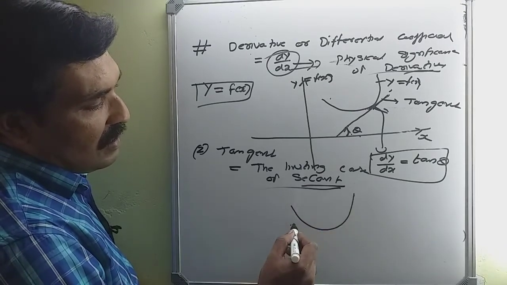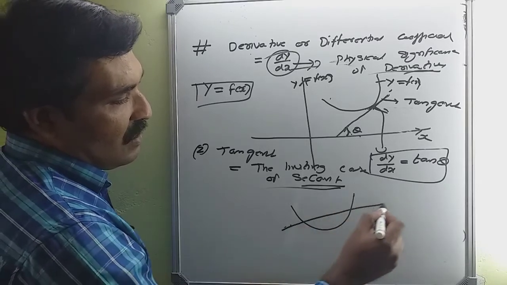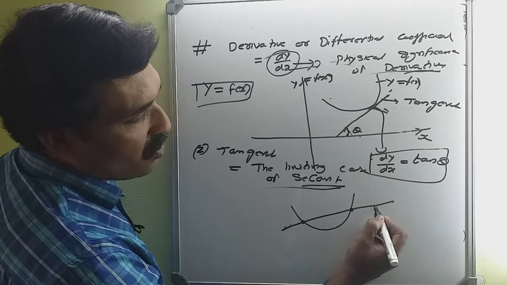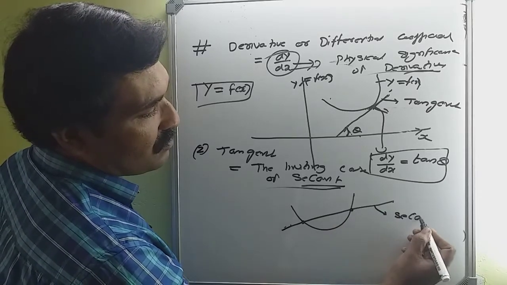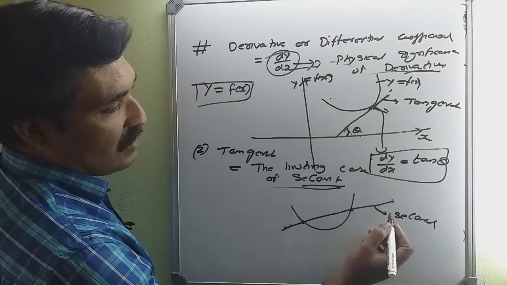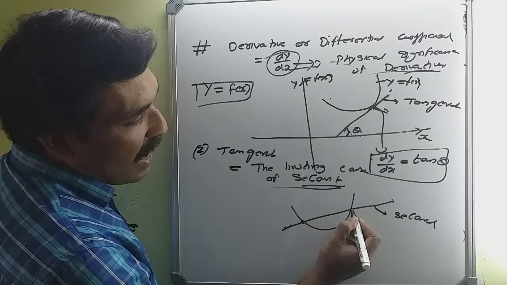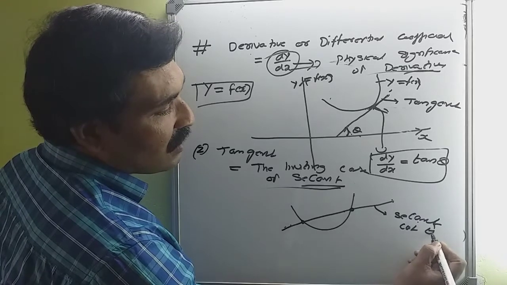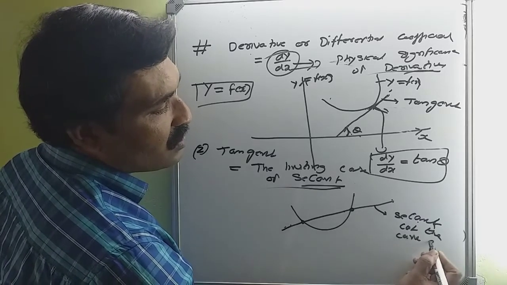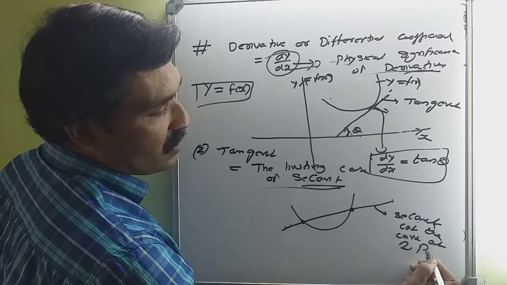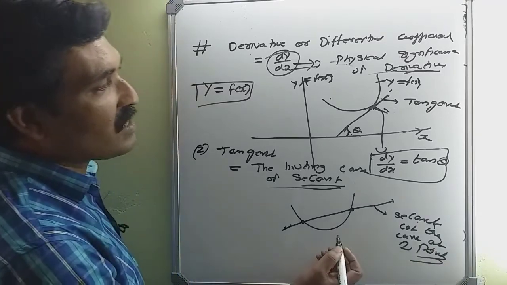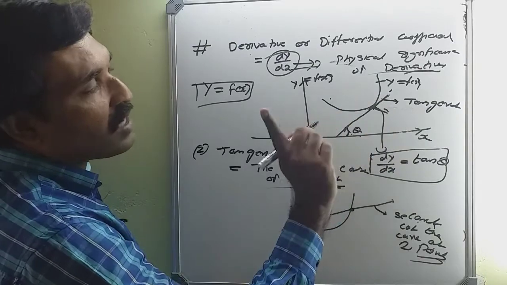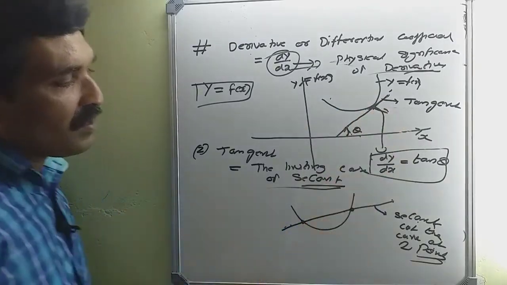Then a line that cuts the curve at 2 points is called a secant. So this line is a secant. It cuts the curve at this point and at this point. So a secant cuts the curve at 2 points, and a tangent will not cut the curve, it will touch the curve at 1 point here.